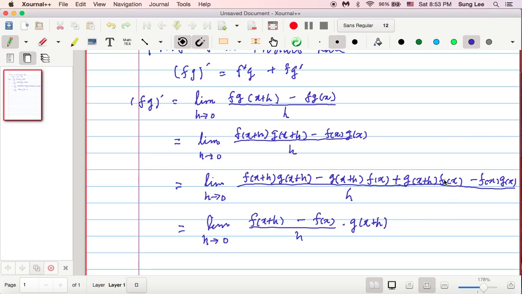Okay, here for the second part, the remaining two terms, we see that f of x is in common, so I'm going to factor it out.